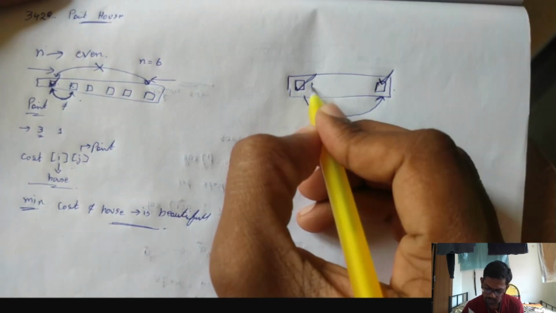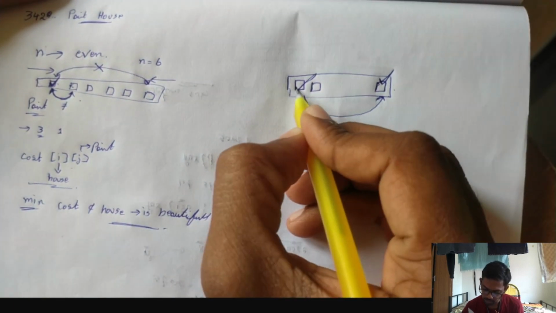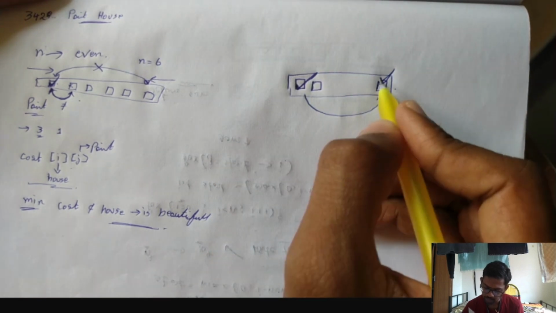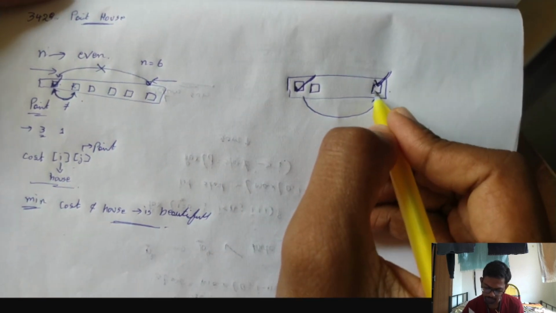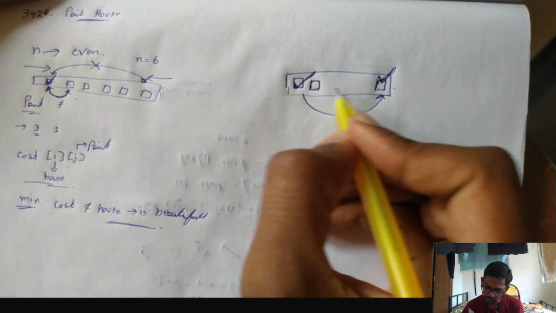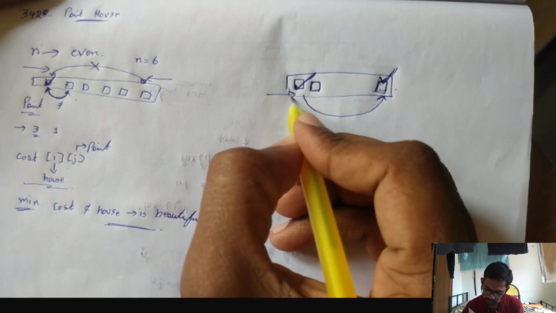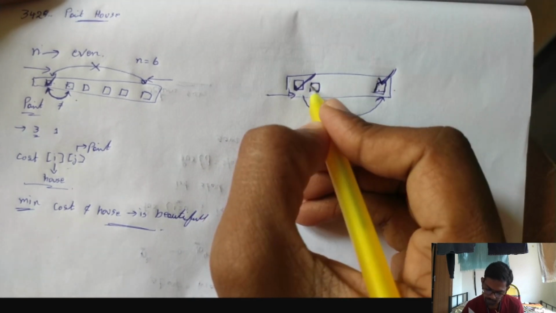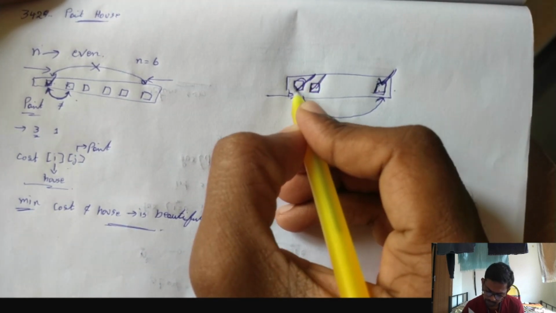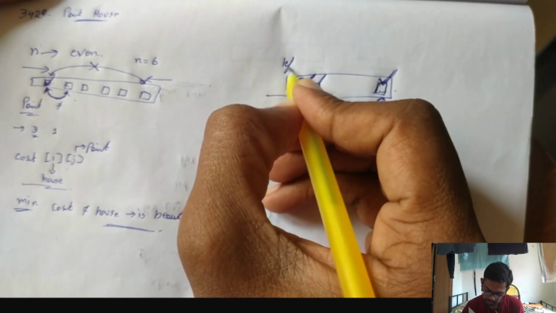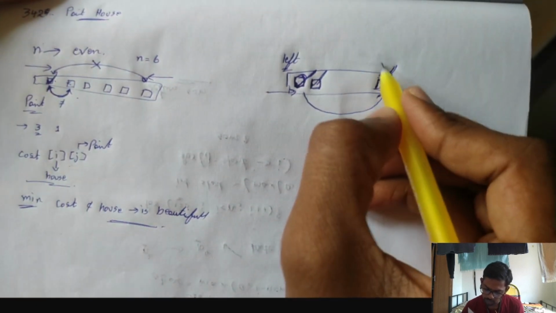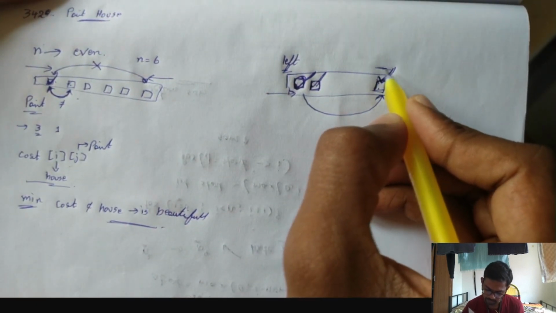And again, we move on to this house and say you do have this color painted on the left, and towards the right, we do have this color painted. For this house, we do not have any effect of this paint. So when we are coloring from this side, we need to consider only the color which is painted here towards the left. We need not consider the color on its right side.